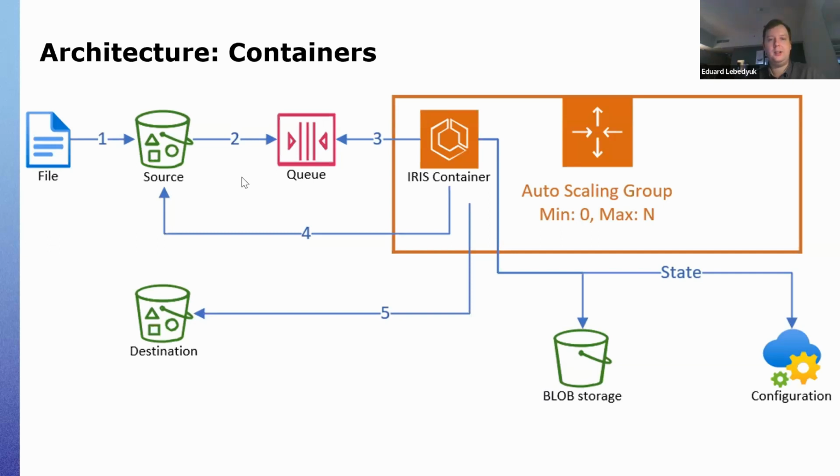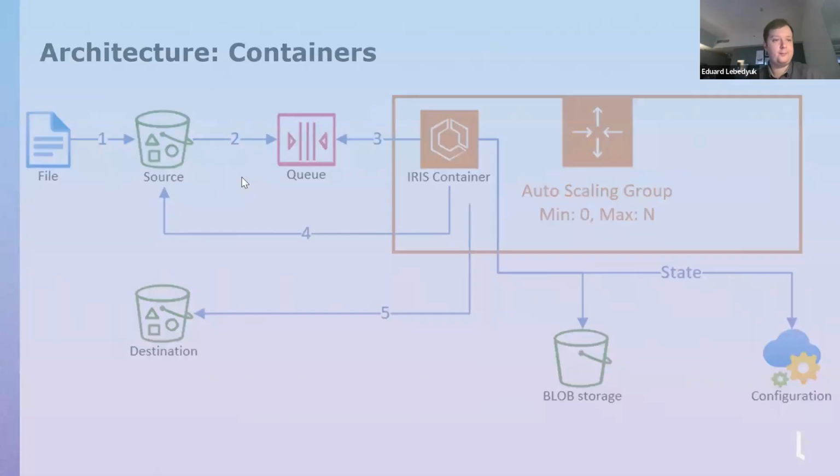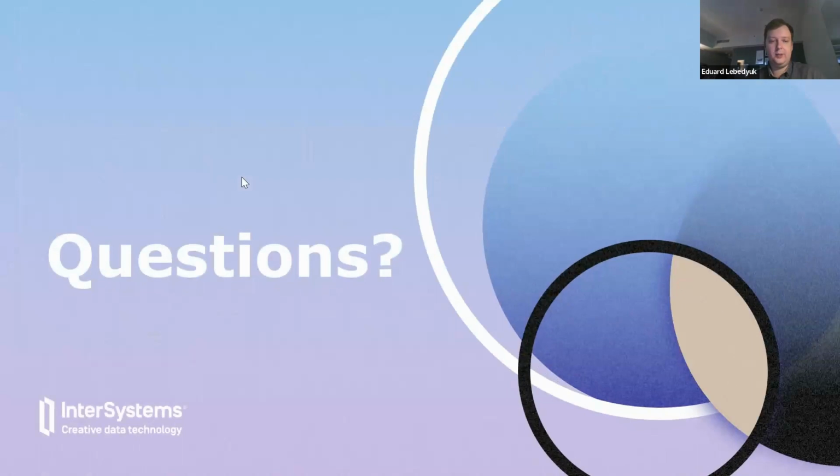So if someone suddenly uploads like 1 million files into the blob storage, that will work, and it would not be one Iris container, but it would auto scale up to the number of containers which you define as a maximum. In this case, the scaling would also be automated. So that is what I have on stateless architecture.